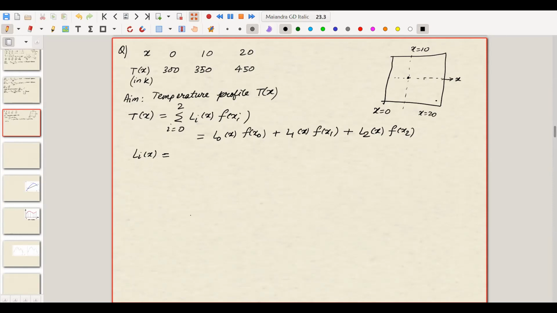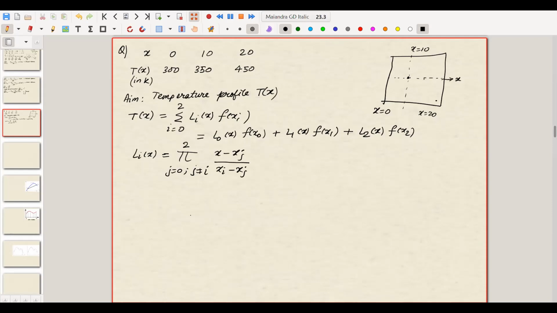Anyone volunteer? Okay. So I will just write it if you can remember: product over j equals 0, j not equal to i. And since we have 3 points, I will go till 2, that is 0, 1, and 2. Then it will be x minus xj divided by xi minus xj.